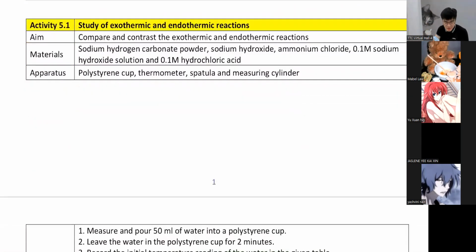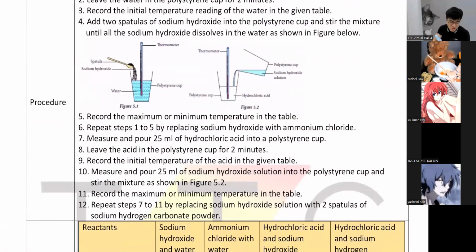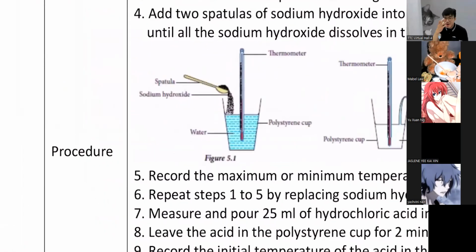Anyway, about this chapter, you'll be doing a very stupid experiment. Why do I say stupid? Because this is what you do. Your teacher will give you some sodium hydroxide, and then you put it into the water. What do you do now? You stir with the thermometer. At the beginning, maybe the water is 27 degrees Celsius.